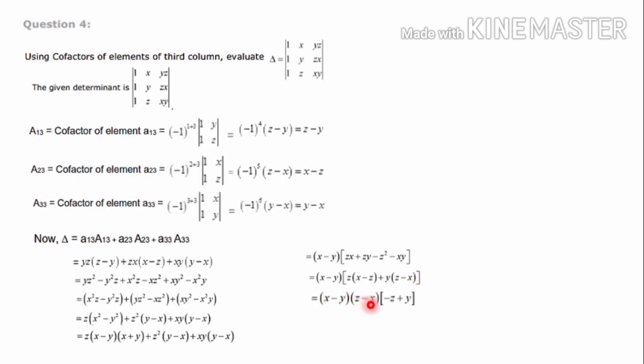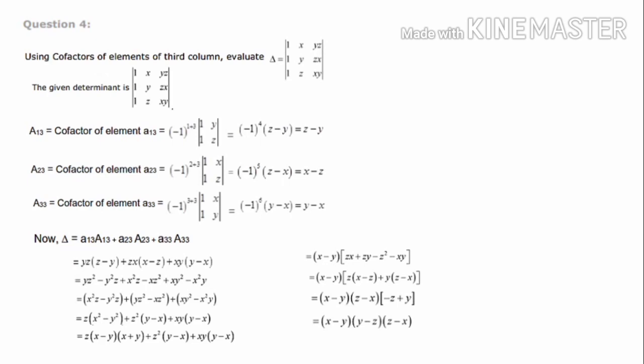X minus y into z minus x if I take outside, here x minus z was there, but I have taken z minus x as common. So there is a minus left behind here, that minus will come along with z. So minus z, and in these two z minus x was there, z minus x is outside, balance is y.